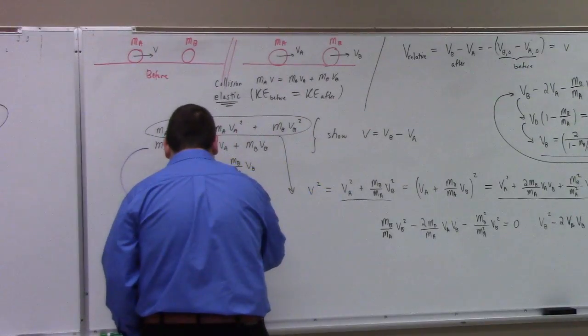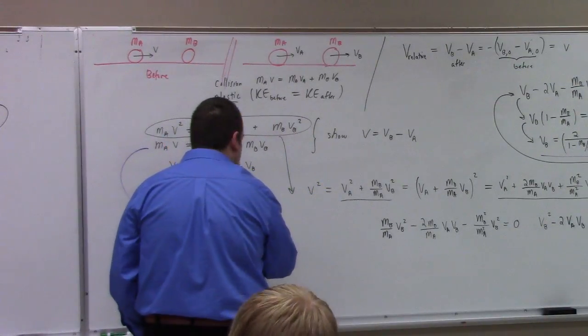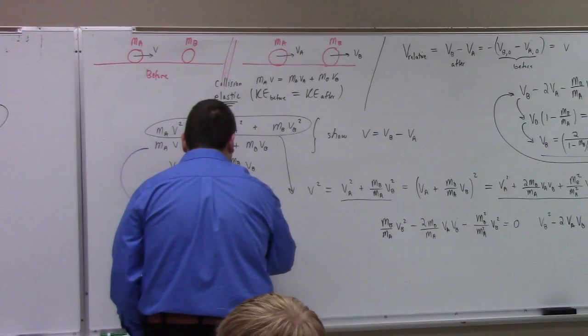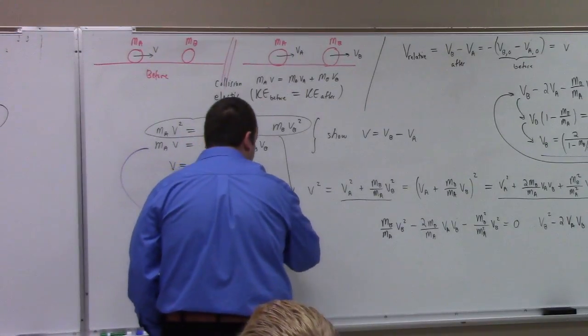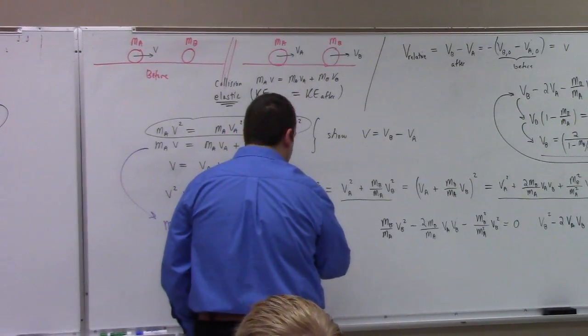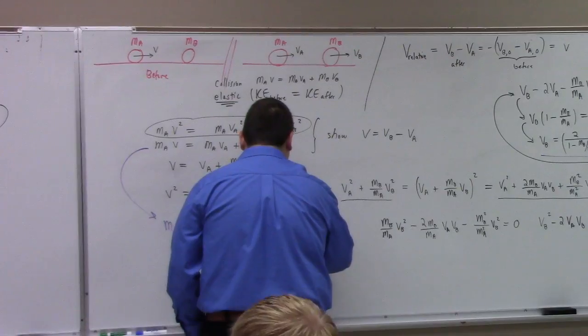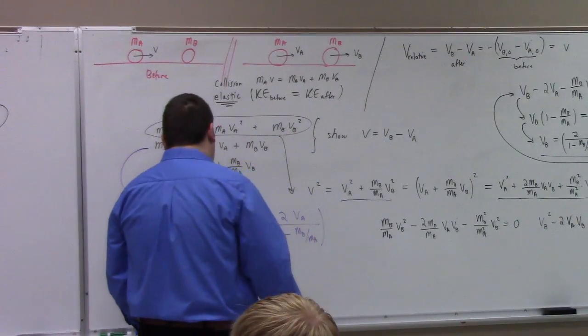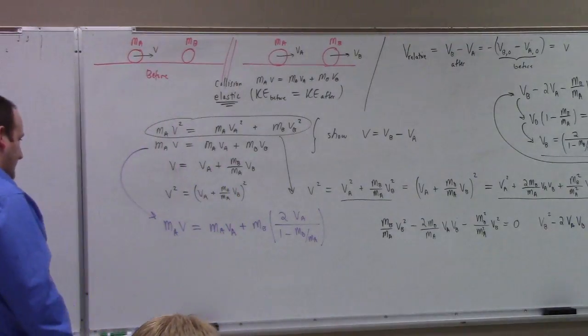MA VA, and I'd solve for VB, right? So put that in. Plus MB times what? Twice VA over 1 minus MB over MA. Does that simplify?